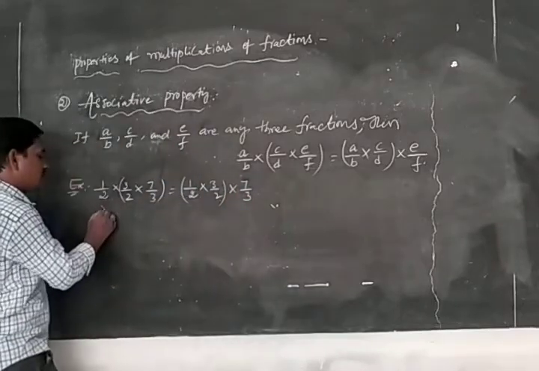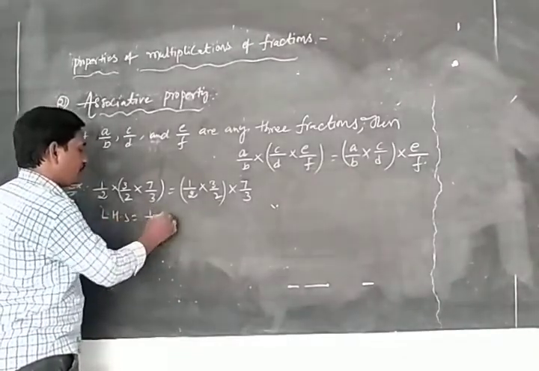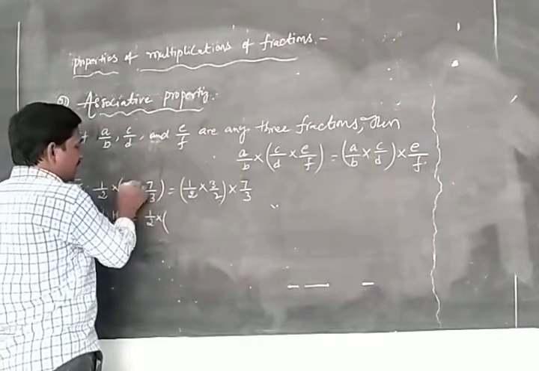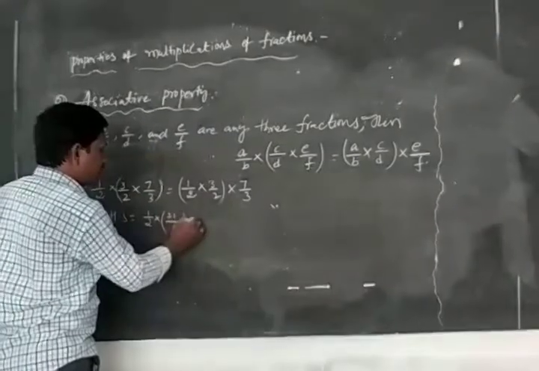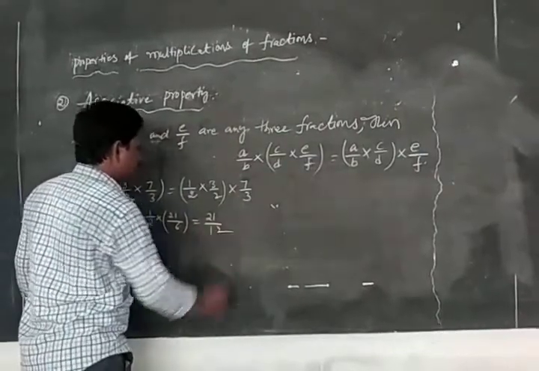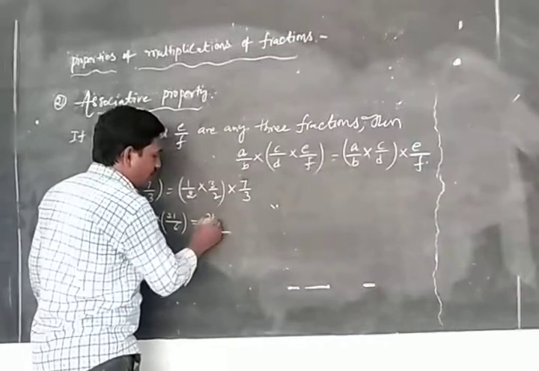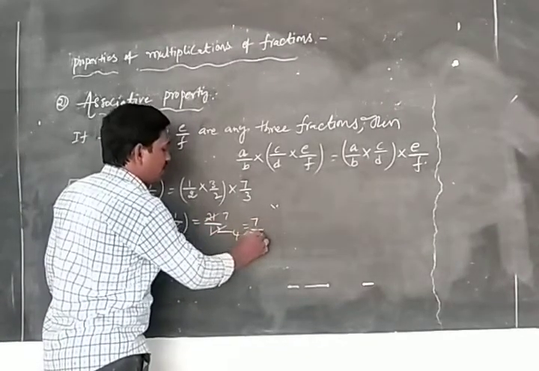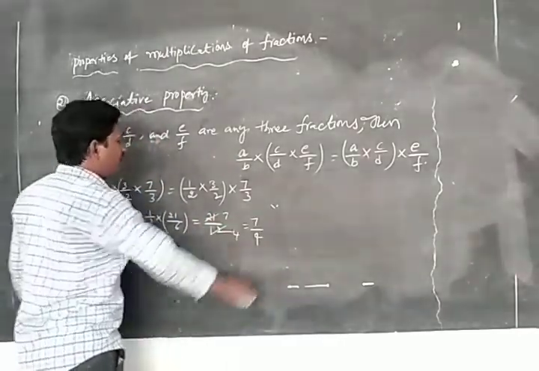Now take LHS: 1 by 2 into, 3 sevens are 21, by 2 3s are 6, equal to 21 by 12. 7 table, 3 tables 7 times, here 4 times, equal to 7 by 4. The final answer is 7 by 4.